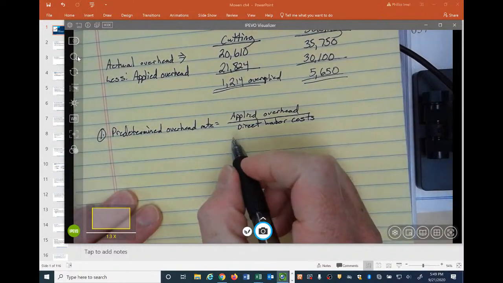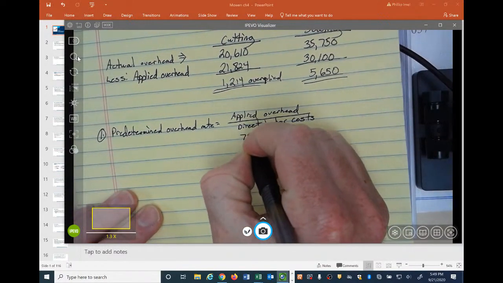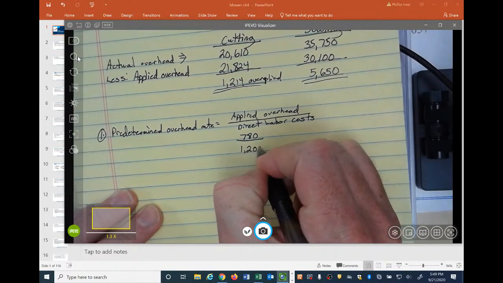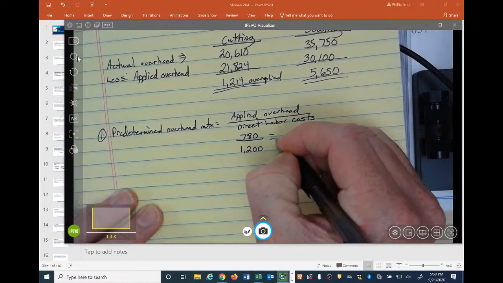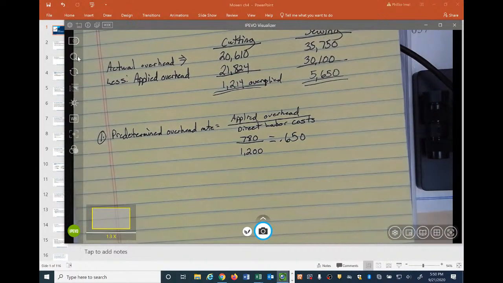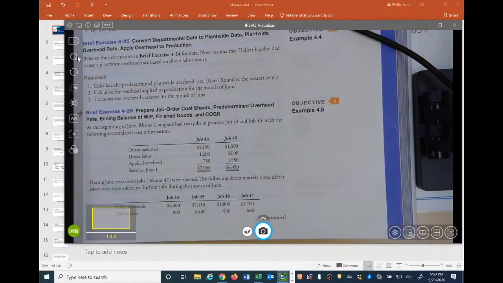Okay, so we already said that is 780 over 1,200, which gives us 0.650. So everyone gets that. Okay, good. Okay, now the second part.